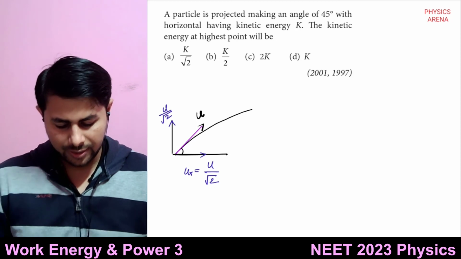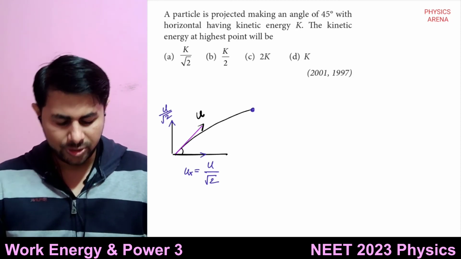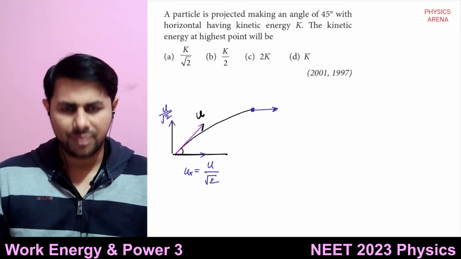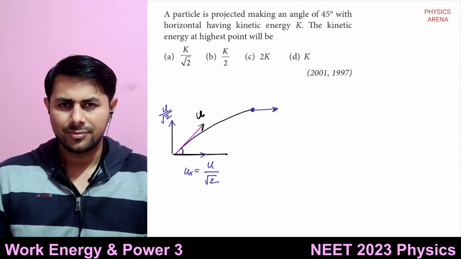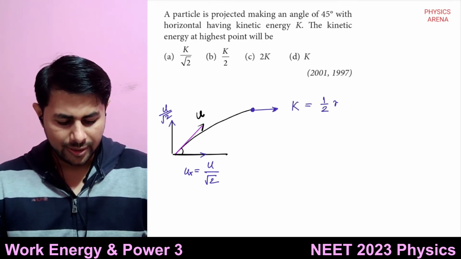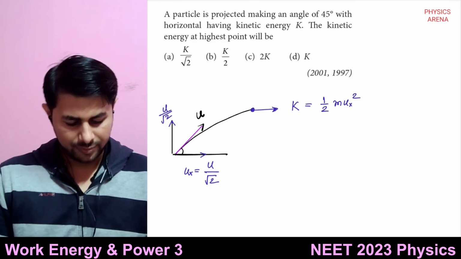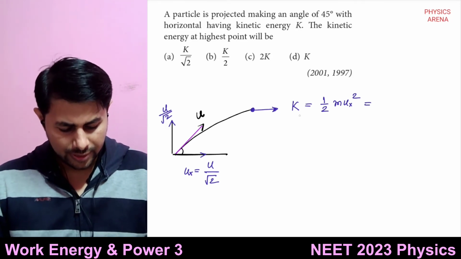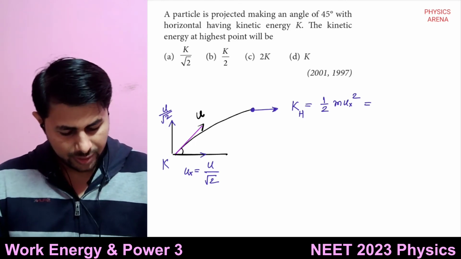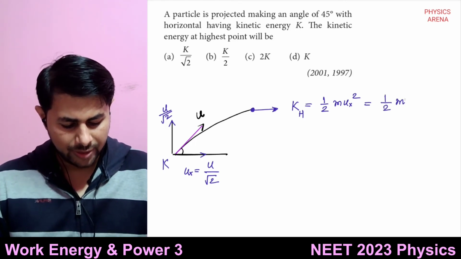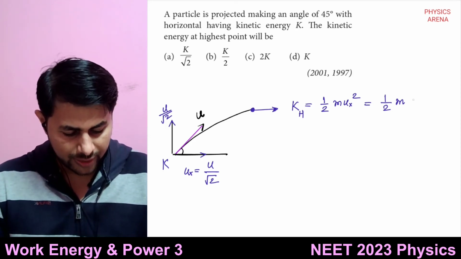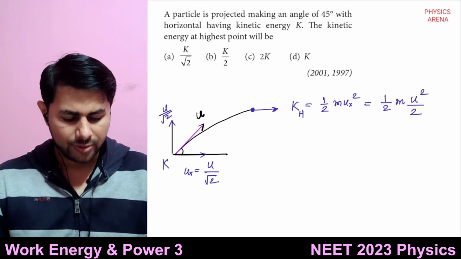Okay, and what happens at the topmost position? The body will have only x component of velocity, right? So kinetic energy here will be equal to half of m into ux square only. Let's call it K at h, and this is the original K. It is half of m into ux square, and how much is ux? u upon root 2 whole square, so that is u square upon 2.